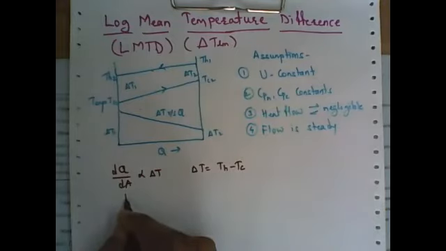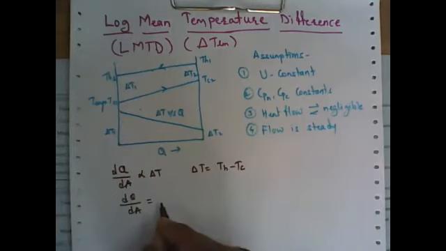So we can write dQ by dA is equal to U into delta T. This proportionality is converted into an equal sign with the help of a proportionality constant, capital U, which is the overall heat transfer coefficient.